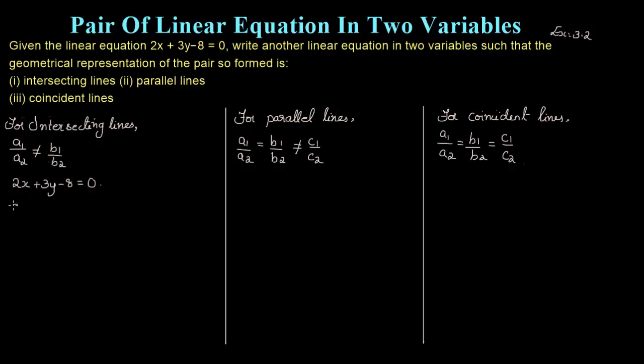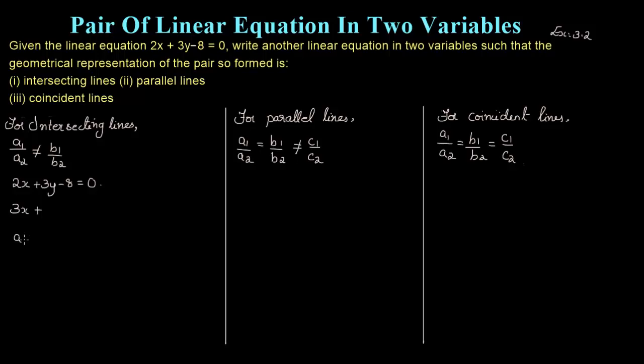So let me take it as 3x, plus this ratio 2 by 3 it cannot have for B1, because if it is equal then it will not be intersecting. You need to be careful, it should not have the same ratio. So 2 by 3 it cannot have.